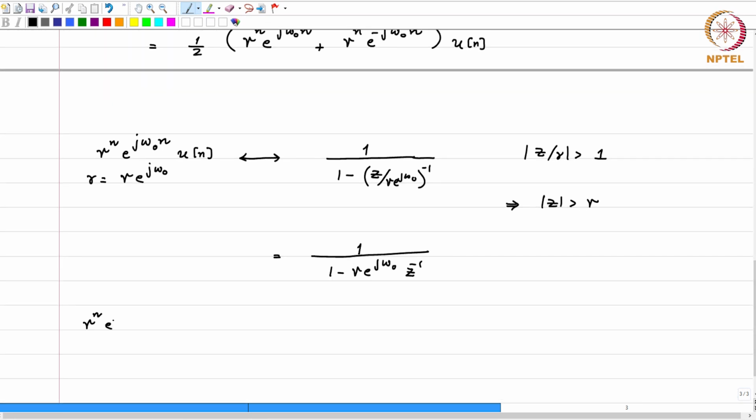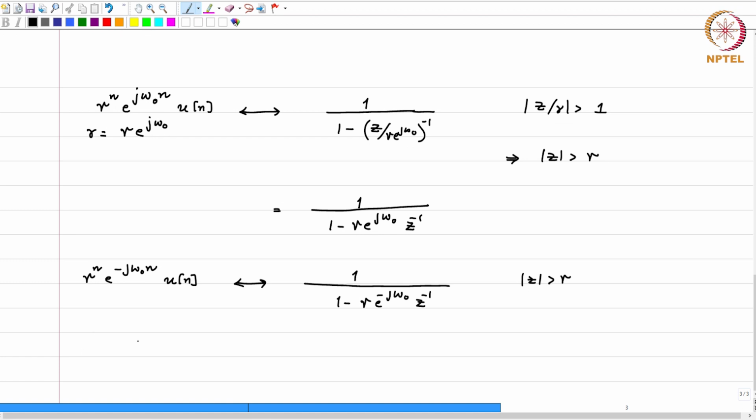Similarly, for r to the n e to the minus j omega naught n u of n, this transform will be 1 by 1 minus r e to the minus j omega naught z inverse. ROC continues to be mod z greater than r.